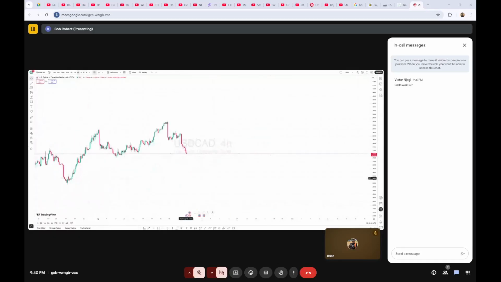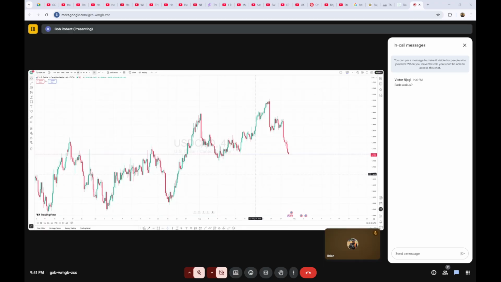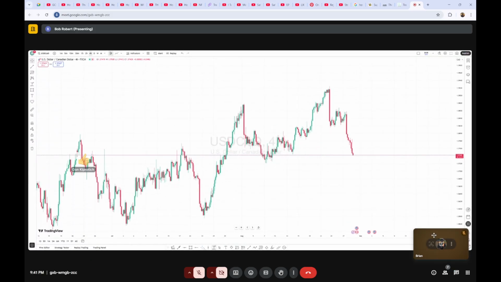At the same time, the market is going to give you a lot of what we call supply zones. So for instance, let's look at this move here. I hope my screen is visible. So let's consider this movement here.